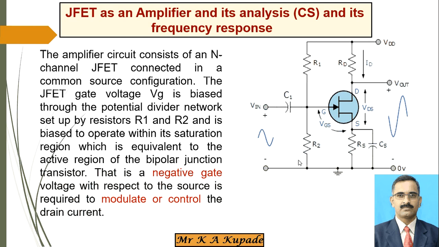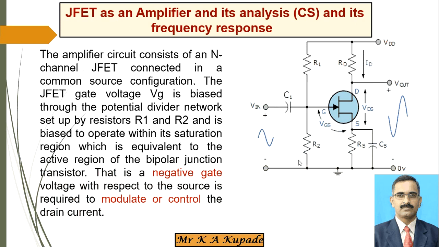In this slide I have shown how the amplifier circuit is built, and how the JFET is considered as an amplifier in the common source configuration. After the input Vin, we consider a capacitor C1, and then R1 and R2 as the voltage divider biasing circuit for the gate terminal.